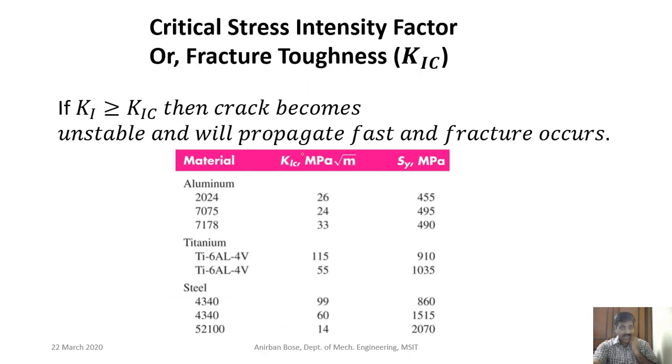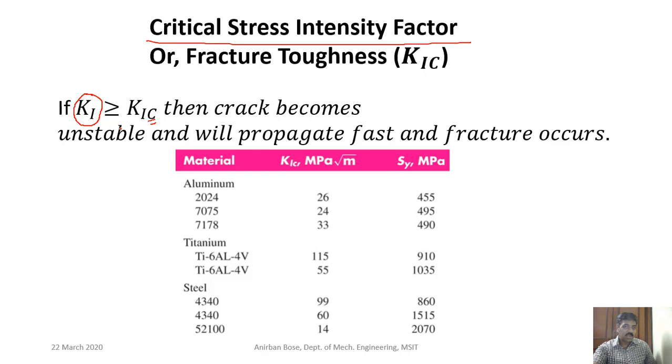Now another very important thing is the critical stress intensity factor. I have just told you that fracture prediction is done based on whether the stress intensity factor for mode 1 is more than some critical value. This C corresponds to some critical value, and then the crack will propagate very fast.